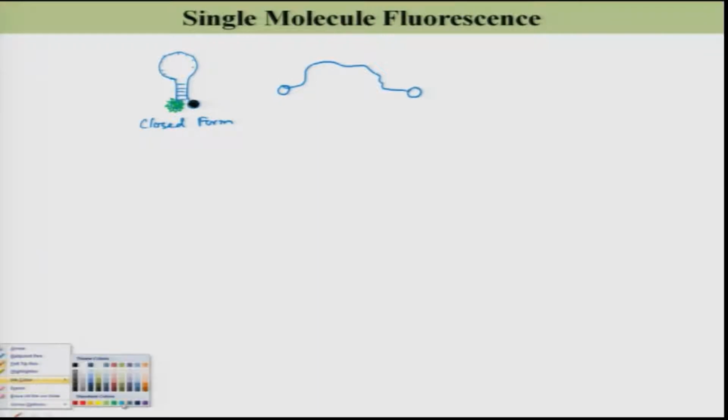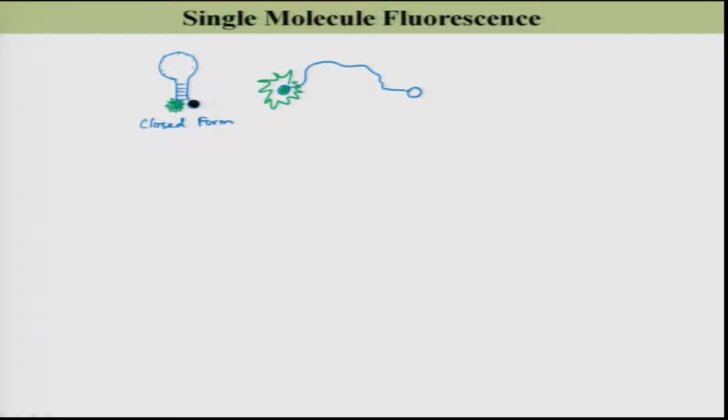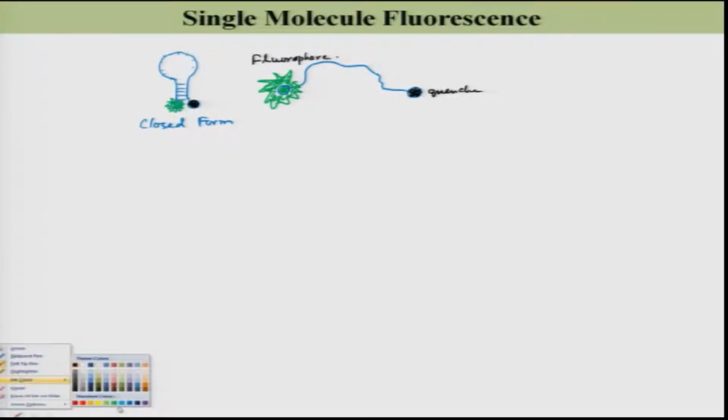As the quencher molecule is far apart from the fluorophore, obviously the fluorescence intensity in this case will be much more compared to the closed form. And this I refer to as the open form.